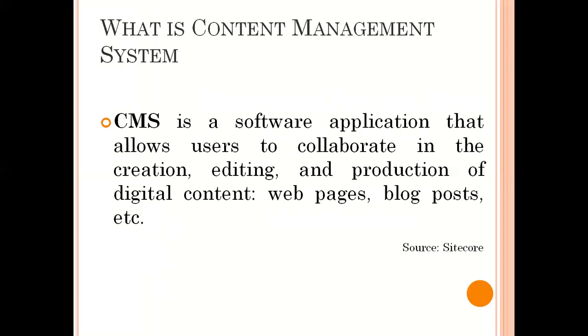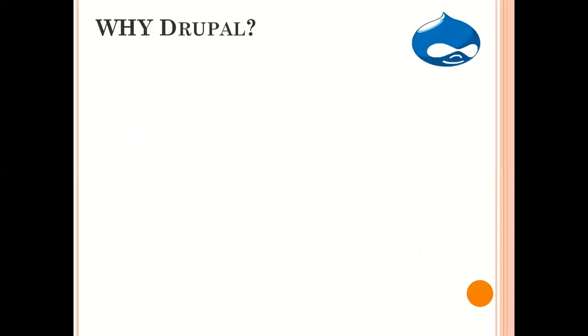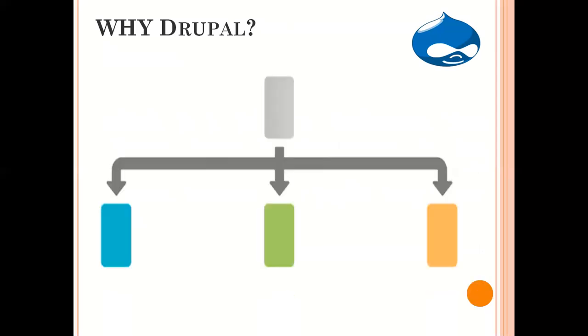Drupal is very user friendly, and it will help you with all the basic details you need and how to manage them. So why Drupal? For a simple website, all you need is a home page, a contact us page, an about our institution page and staff details.